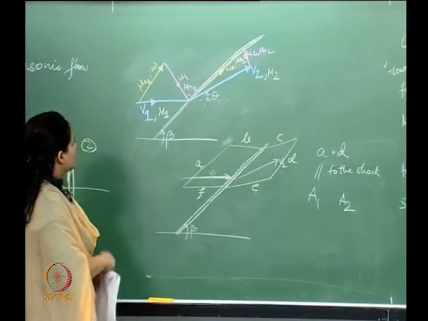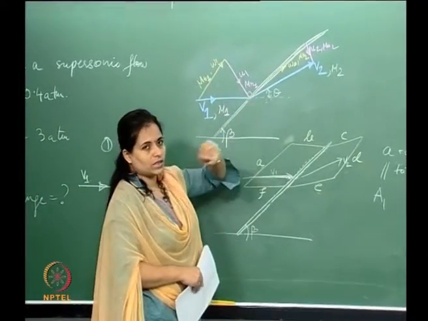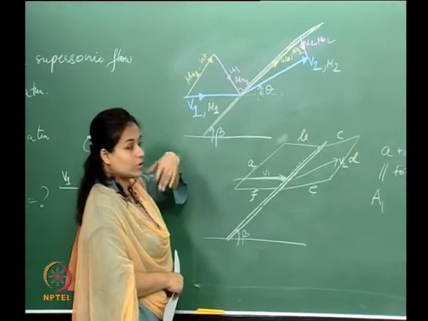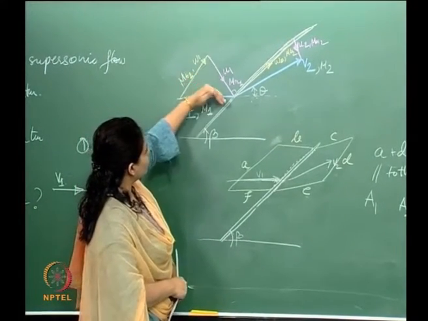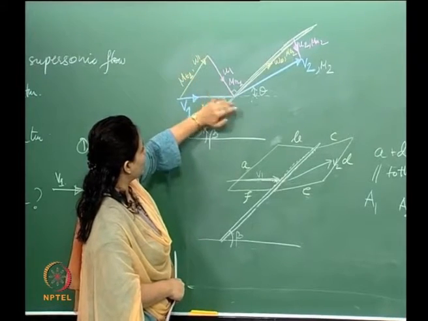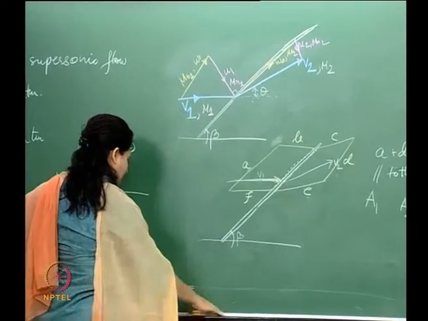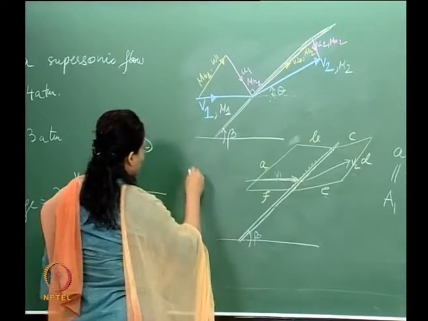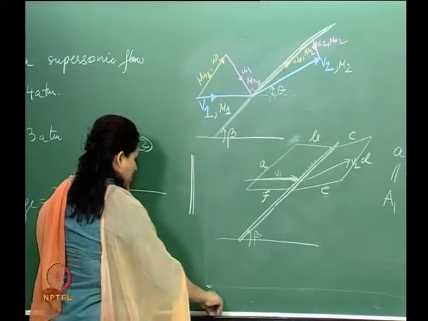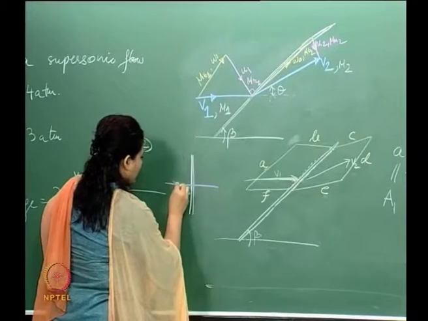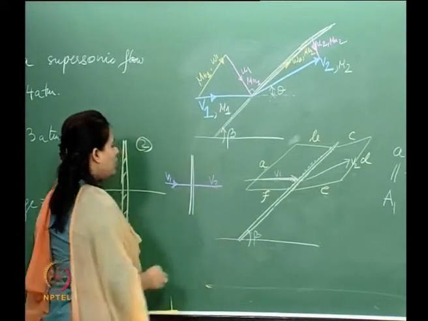Okay. So, what I have done here, now the question is why did we do this? You will see the usefulness of this in a bit, I hope. If you just look at this part, this u1 here, this is just like a normal shock, isn't it? What we had earlier was the shock was like this, and you had a velocity vector coming in this way, say v1 and v2.